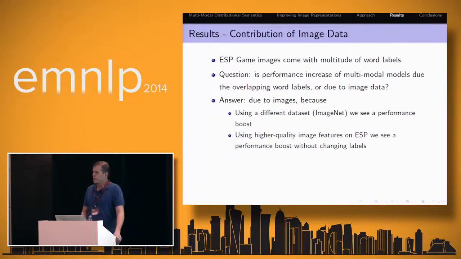In the experiments, have you compared not using the features from the image, but just taking the image as a node or as a word, so it co-occurs with the co-occurring words? Interesting idea. I think there are a lot of possibilities for really evaluating these types of things. You can construct representations either just from the overlapping word labels or just from the images themselves.